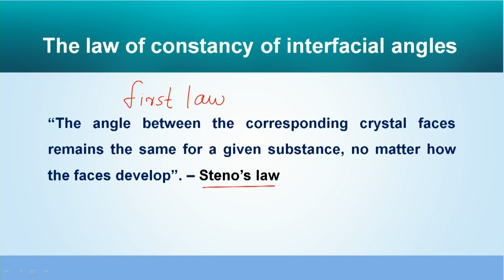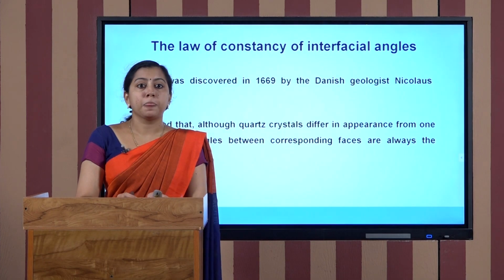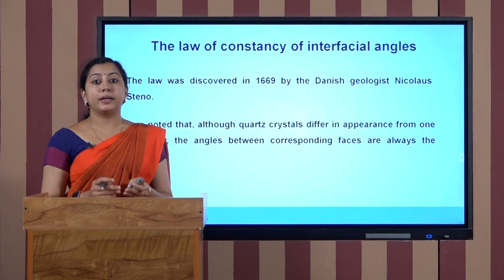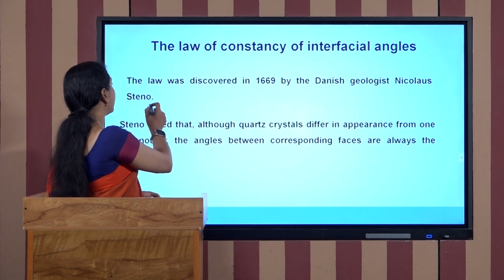So, the first and fundamental law of crystallography is the law of constancy of interfacial angles, also known as Steno's law, which states that the angle between the corresponding crystal faces remains the same for a given substance, no matter how the faces develop. This law was discovered in 1669 by the Danish geologist Nicolas Steno.